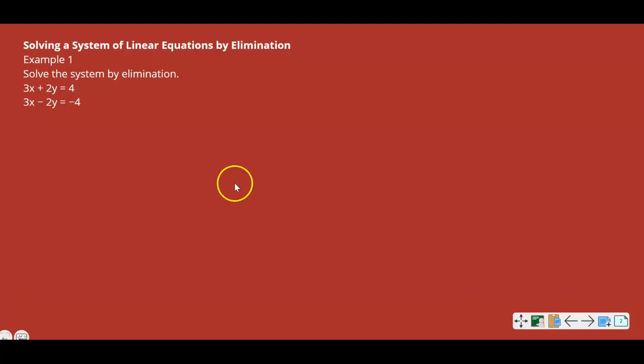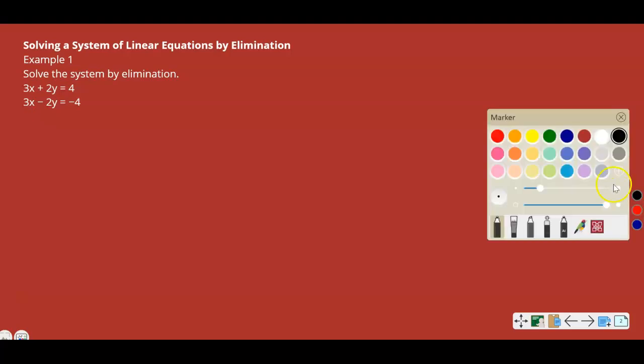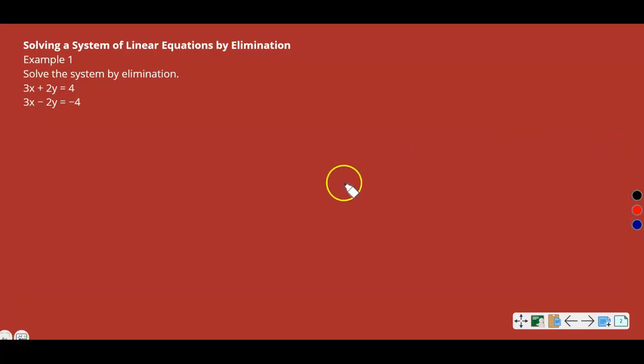We have 2 equations here, 3x plus 2y equals 4, and 3x minus 2y equals negative 4. My x's have the same coefficient, and my y's have opposite coefficients. So I can add or subtract here. It doesn't matter.